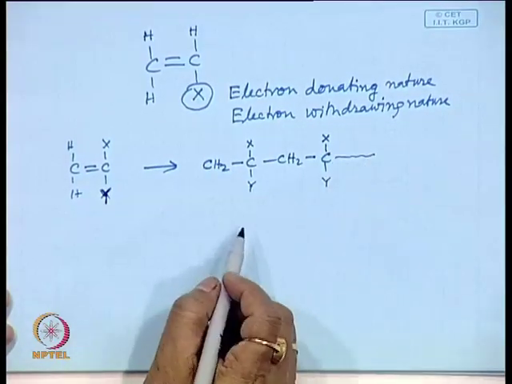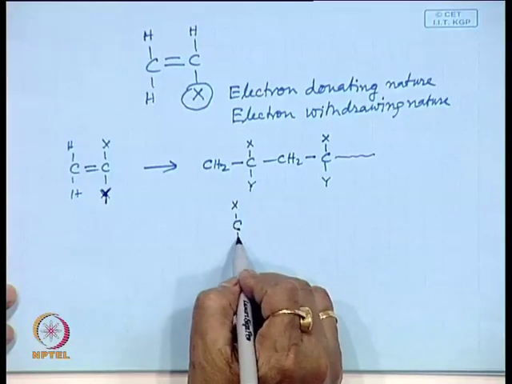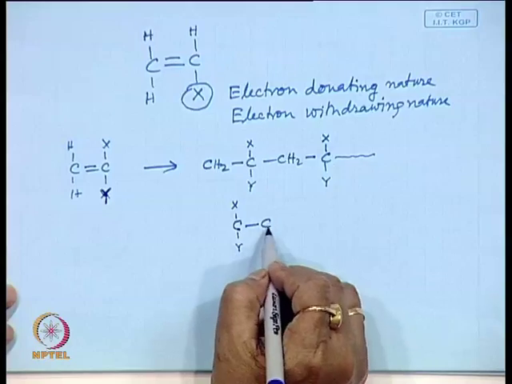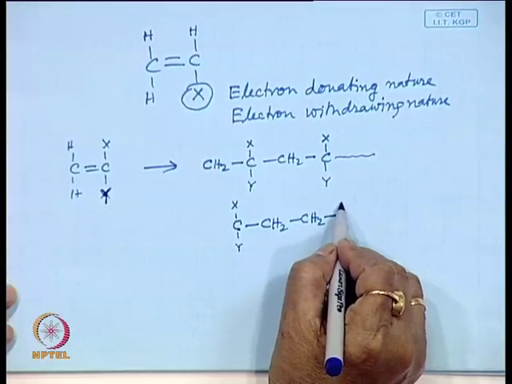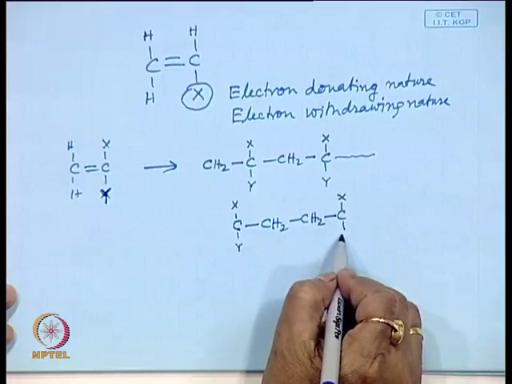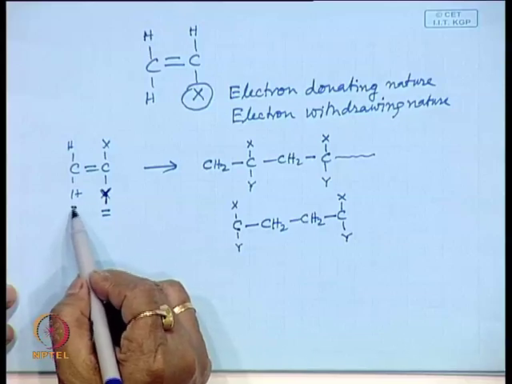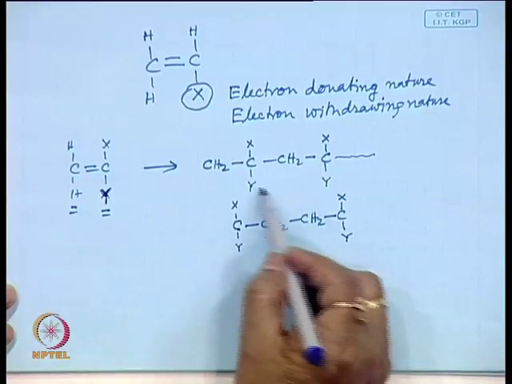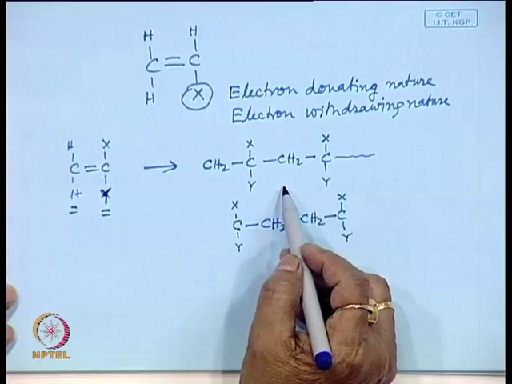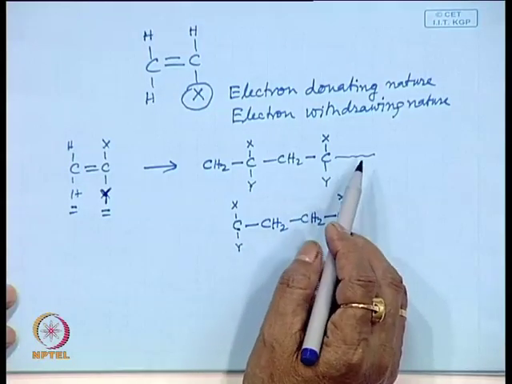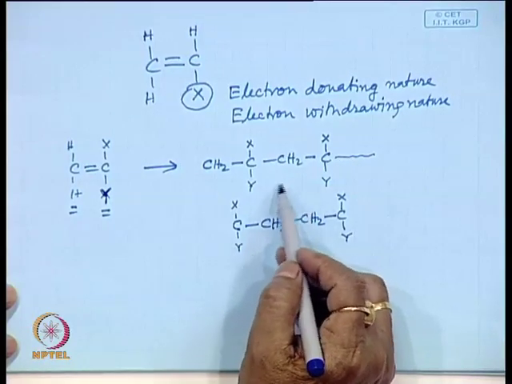This is a kind of growth, or it can so happen that if you consider this as head and this as tail, then this kind of combination during the propagation of the monomers to form a polymer is known as head to tail addition.